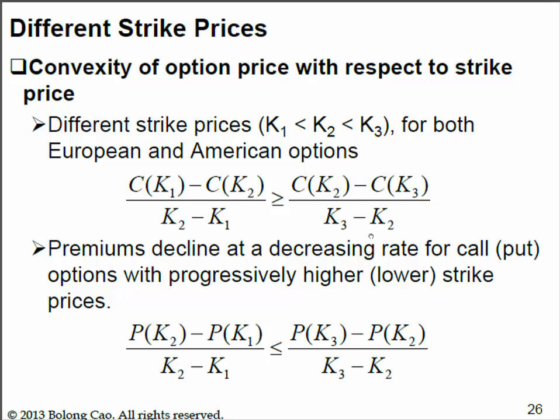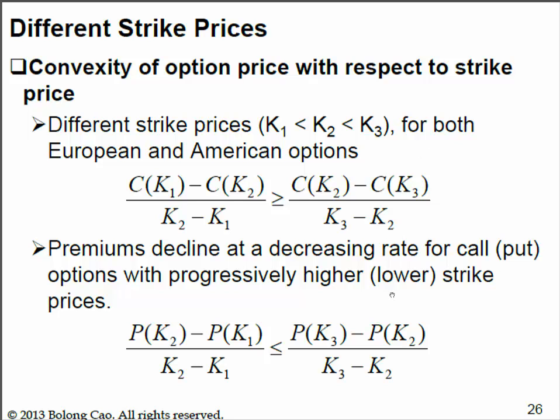That's a higher option strike price range. The left hand side is the change in call premium as a portion of the change in strike prices on the lower end. The right hand side is the change in call option premium as a portion of the strike price changes on the higher end.